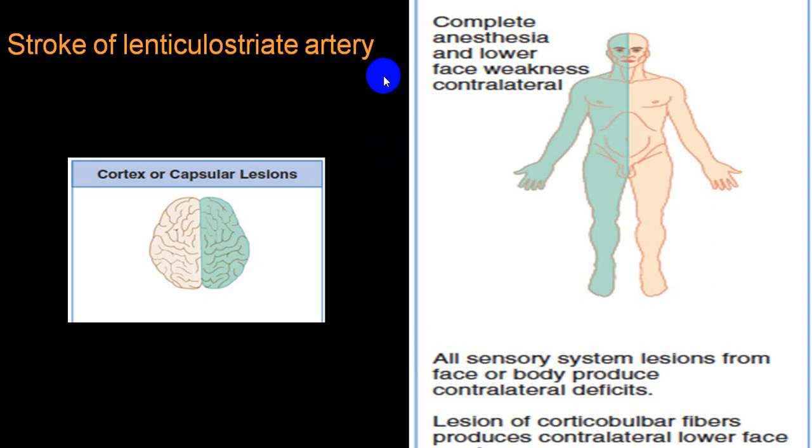You should differentiate pure spinal cord involvement from other conditions. If there is involvement of the face, sensory loss, complete hemisensory loss, it has to be above the spinal cord.